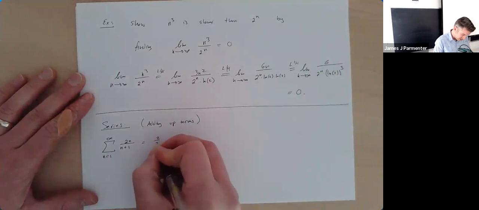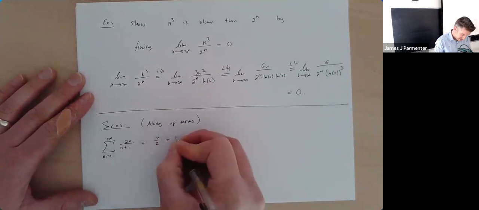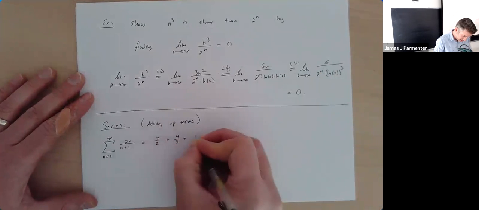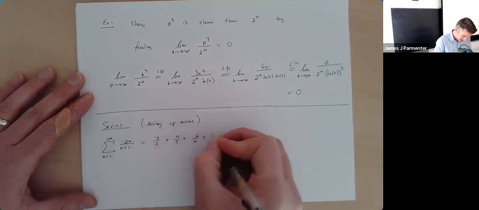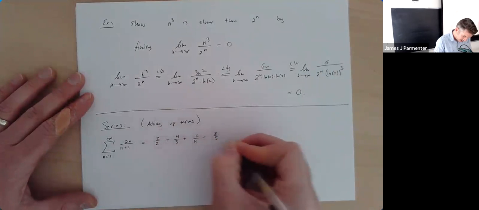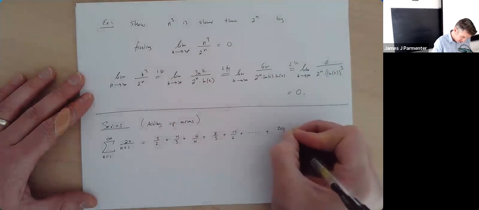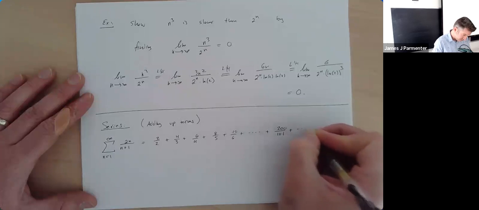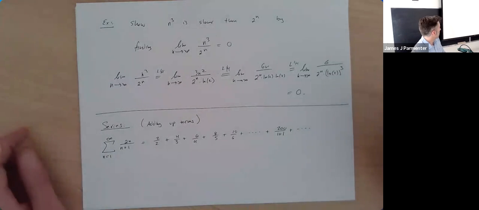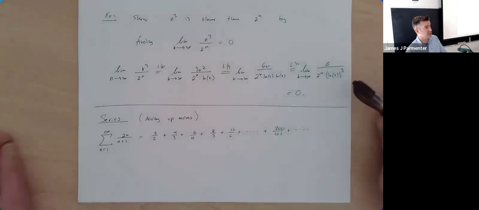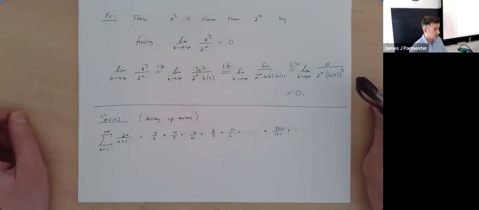I've got 2 over 2 plus 4 over 3 plus 6 over 4 plus 8 over 5. And we just keep going forever and ever and ever. Plus, let's say, 200 over 101. The question we're often going to be asking is, does this series converge or diverge?